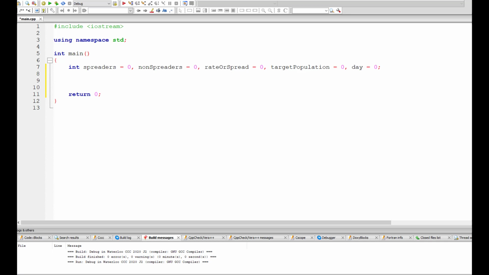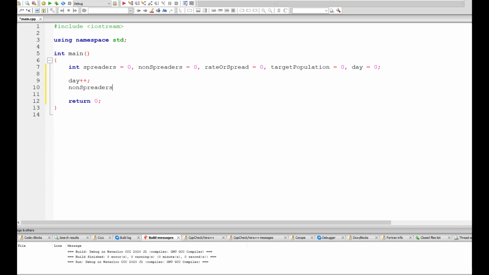Okay, so let's just see what happens on one day rather than working on every day. So on one day, our day is going to go up. So I'm going to go to day 1. So what happens? Well, our spreaders turn into non-spreaders.